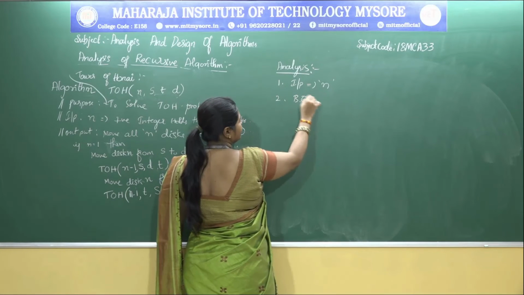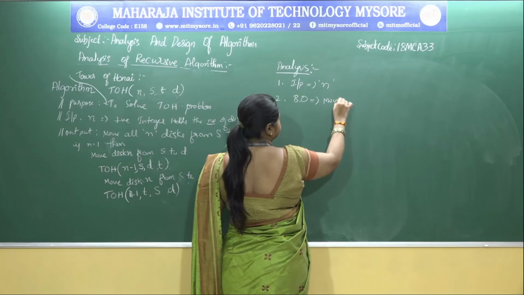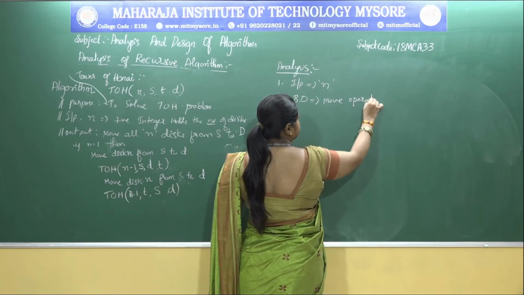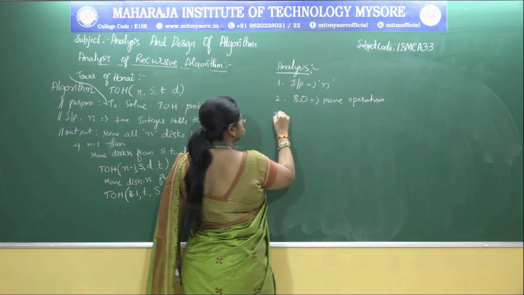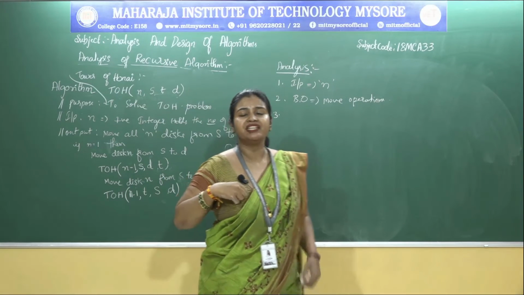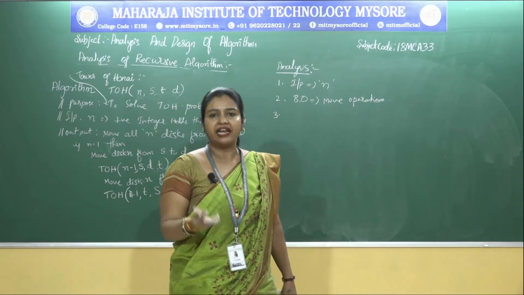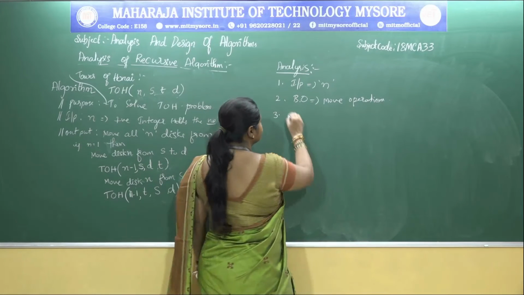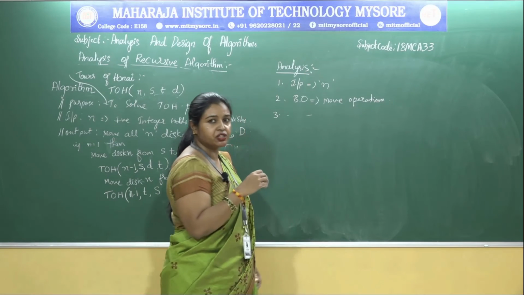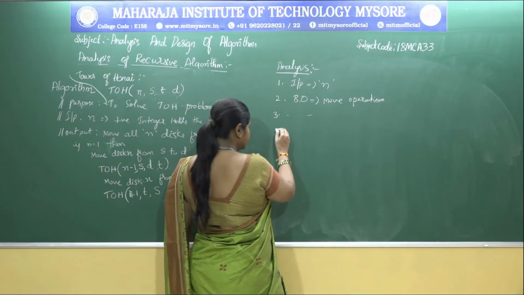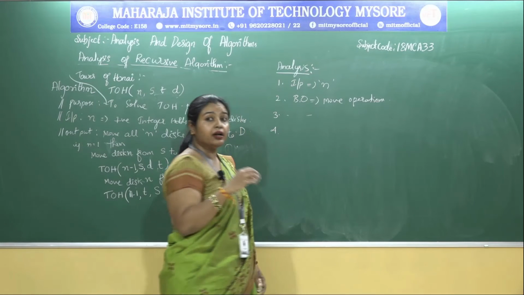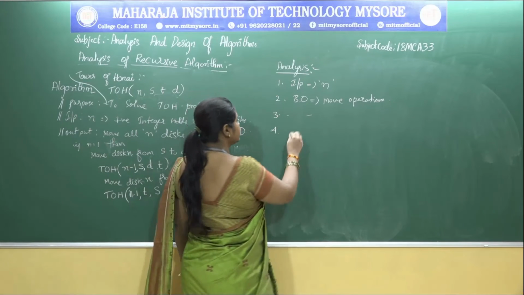Second step, BO, that is move operation. Third step, the number of times the basic operation executed is based on n disks only. Okay. So therefore there is no best case, worst case and average case, directly worst case itself. So fourth step, we need to set up a recurrence relation. So what is that recurrence relation?